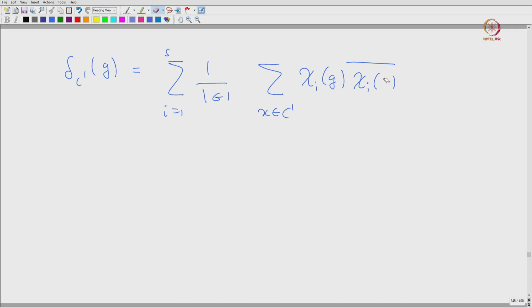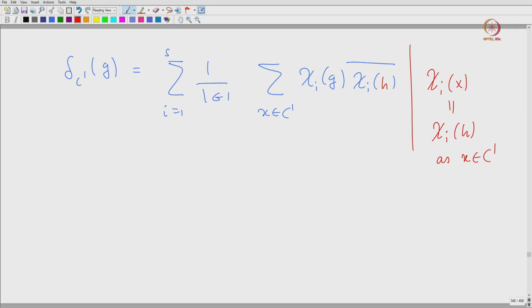Anyway, so the value of chi I of x is the same as chi I of h. So, I can use h here, not a problem. Note that chi I of x is the same as chi I of h as x is in C'. Chi I is nothing but a class function, so they take the same value.